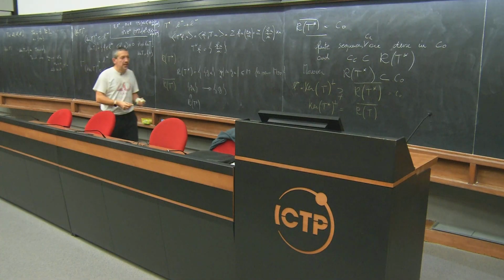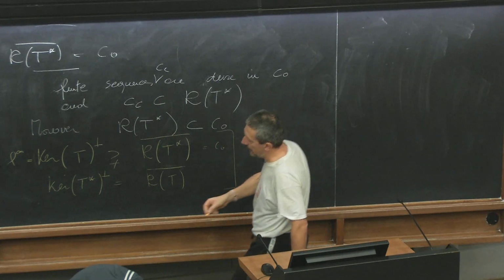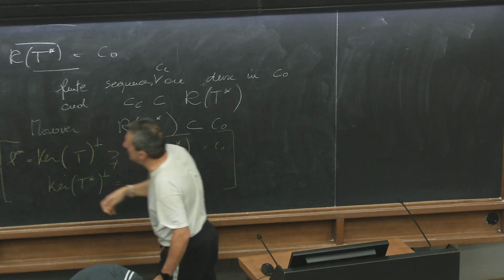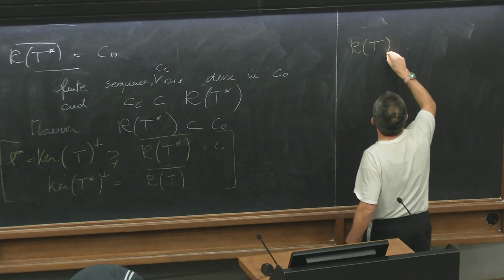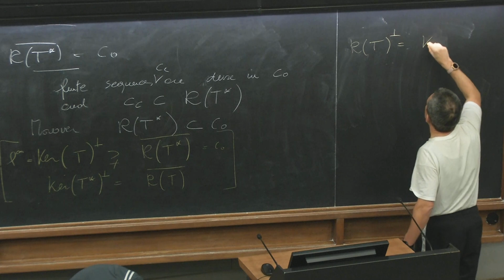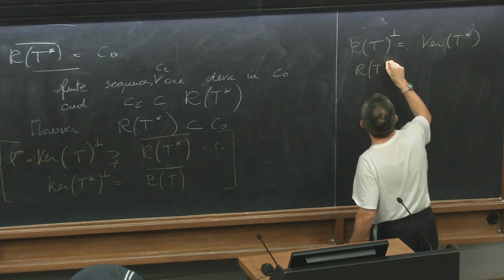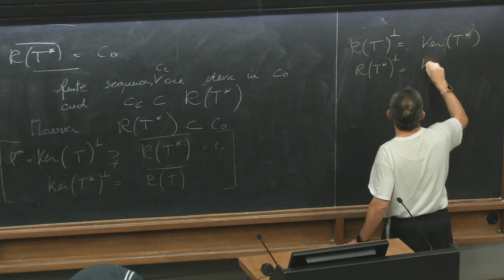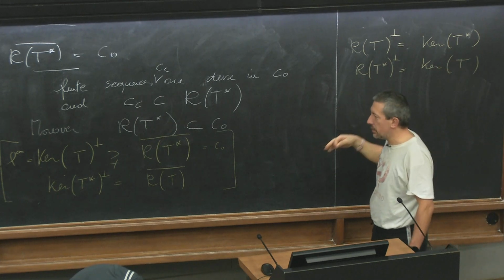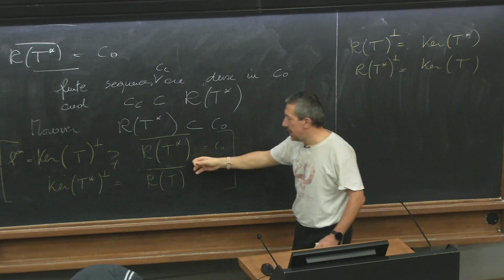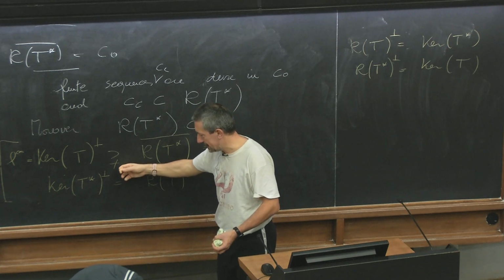So what we have shown here is an example where, the results that we had, that is estimates, and then we have the other one, which is the range of T orthogonal is the kernel of T star, and the range of T star is the kernel of T. If you remember, we did these computations, and then since we cannot apply the Hahn-Banach theorem, we didn't get the result.